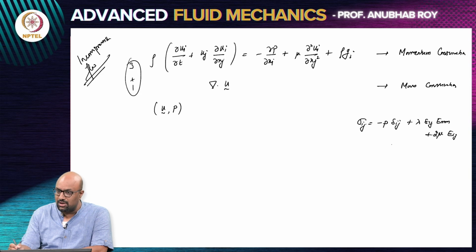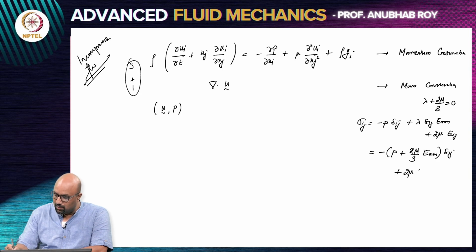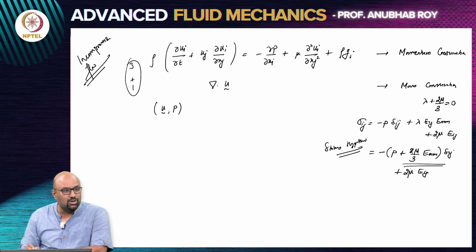And even if you use the Stokes hypothesis, which tells us that lambda plus 2 mu by 3 is equal to 0, this becomes minus p plus 2 mu by 3 Emm δij plus 2 mu Eij. So, with Stokes hypothesis, your stress tensor will have this additional contribution to the isotropic part.